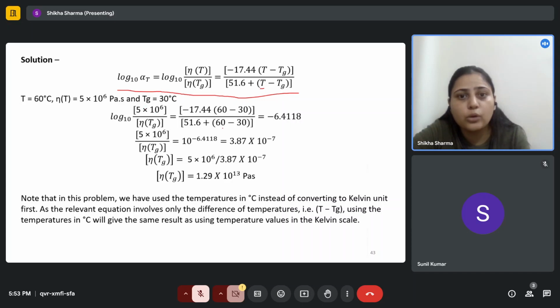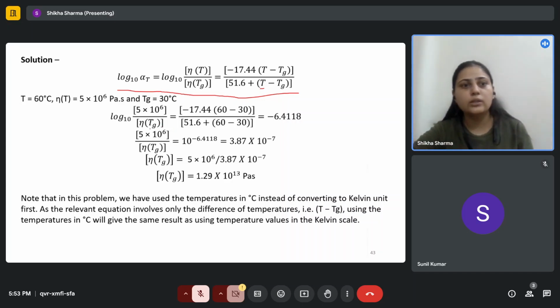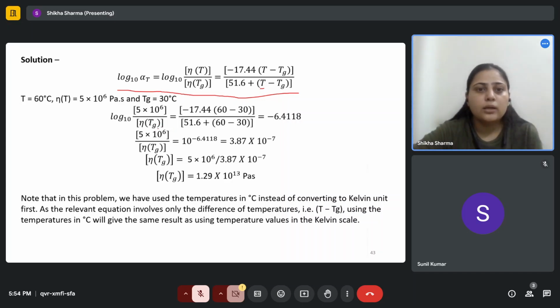So we can put all the values in this equation and calculate the viscosity at glass transition temperature.